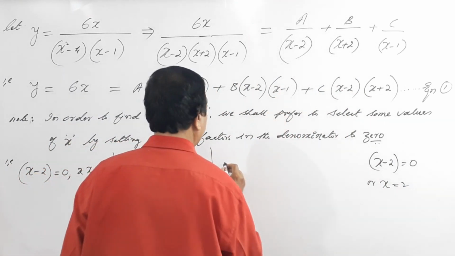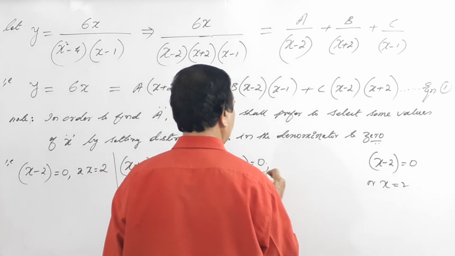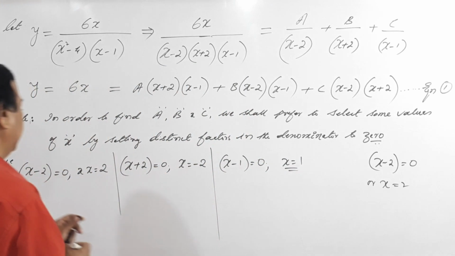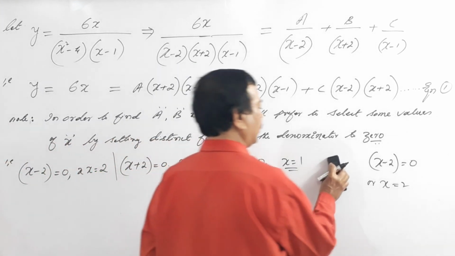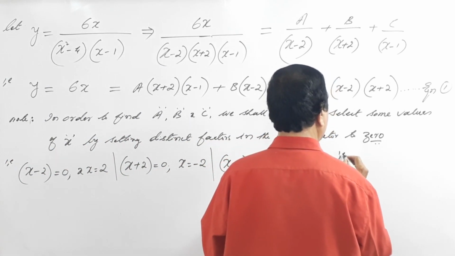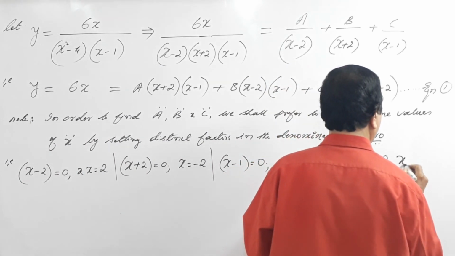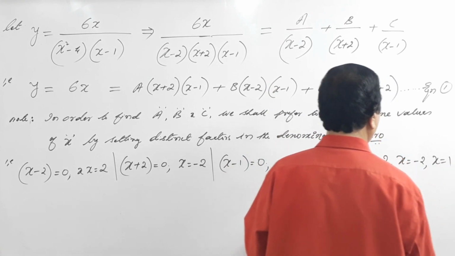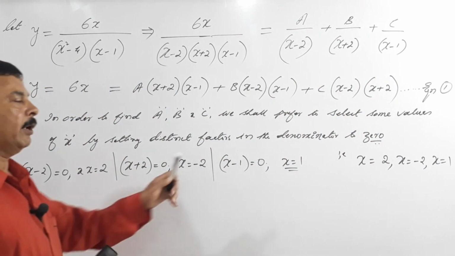And x minus 1 equals 0, or x equals 1, right? That is x equals 2, x equals minus 2 and x equals 1.